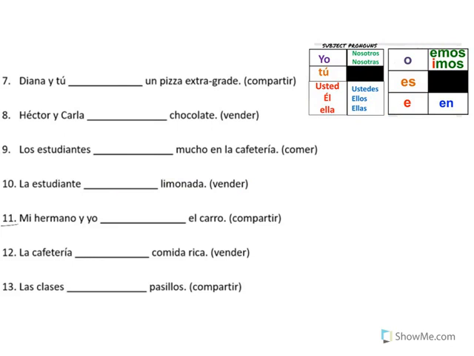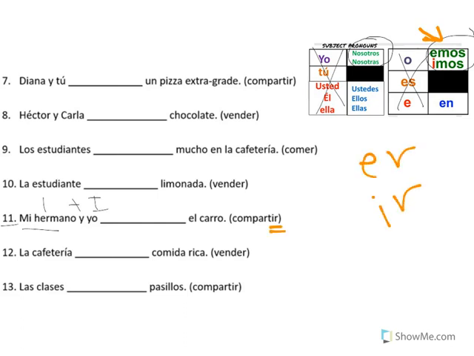11, almost there. Mi hermano y yo. Oh, my brother, that's one. Y yo, and I. That's another person, and it's me. So remember what we said? The one that includes me and someone else is this. Now we got to be careful because here we have two endings. So is it an ER ending or an IR?